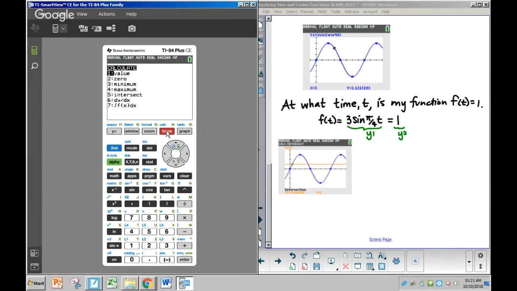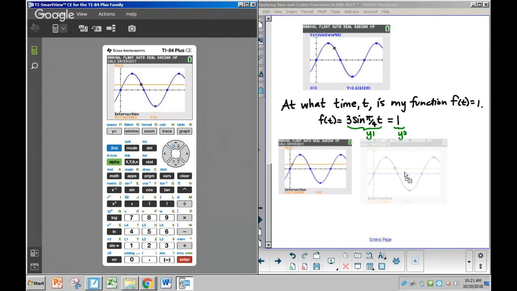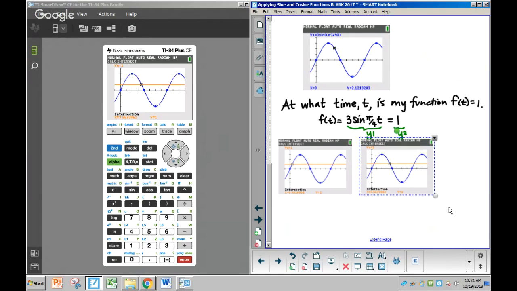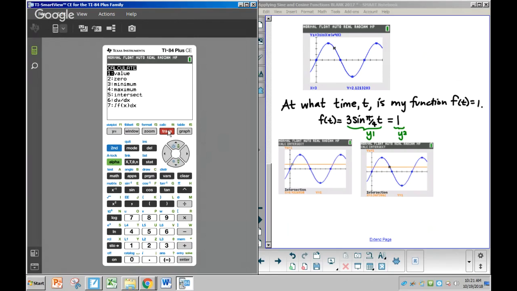Second, calculate the intersection point, which is number 5. Enter, second curve, yes. There's my second solution. And then second, calculate my intersection point here.